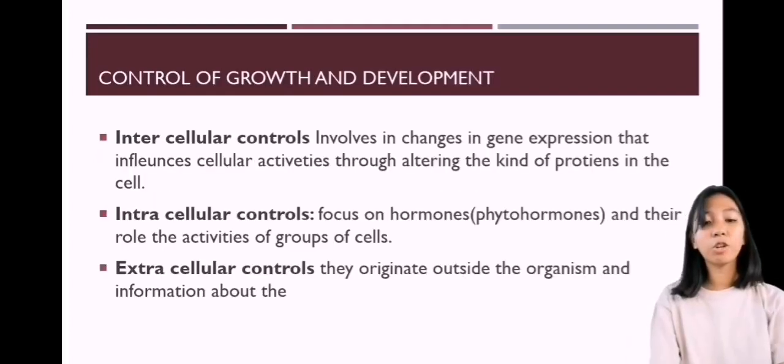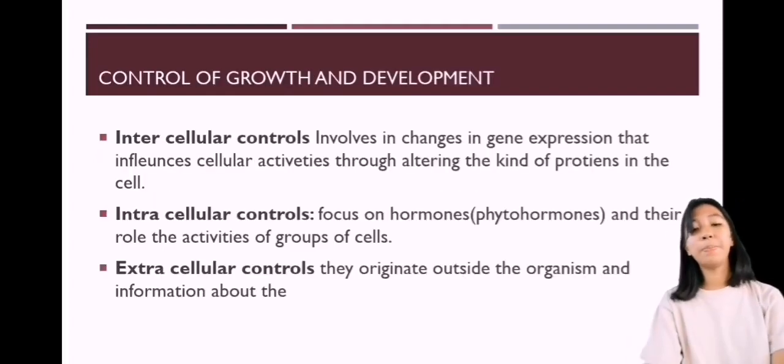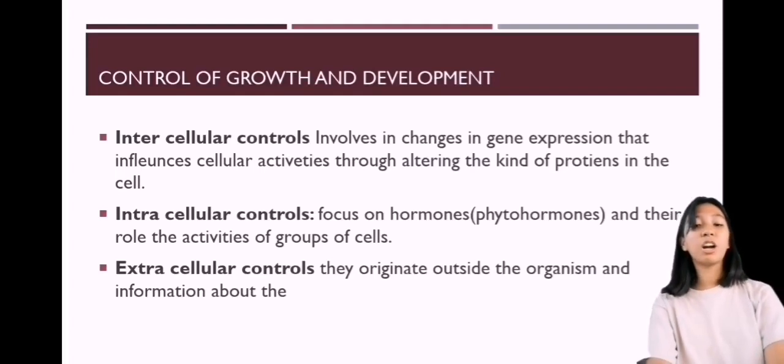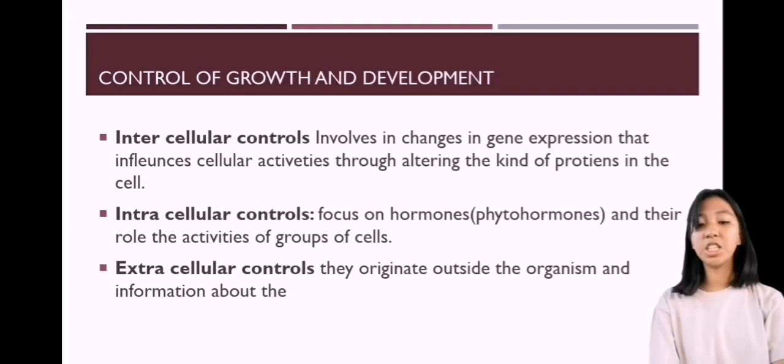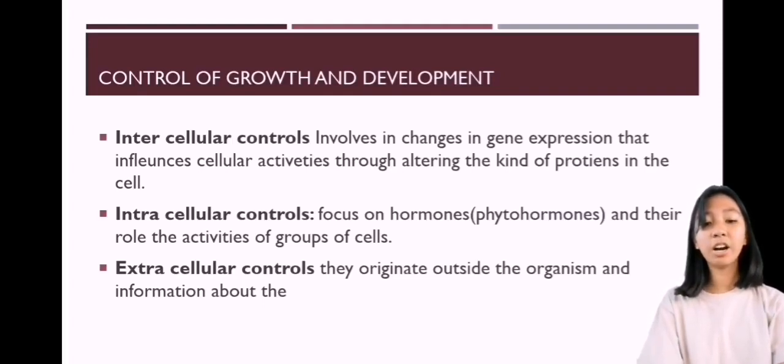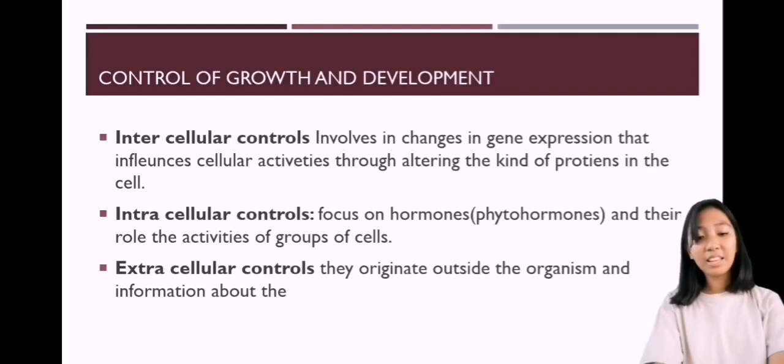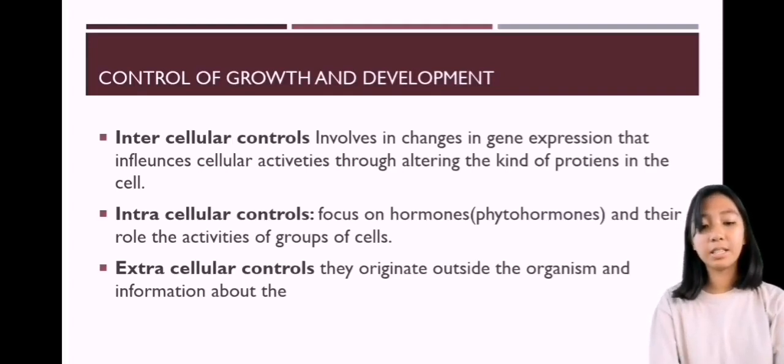There are different controls of growth and development. One is intracellular controls. It is involved in changes in gene expression that influence cellular activities through altering the kind of proteins in the cell. Intercellular controls focus on hormones and their role in the activities of groups of cells.